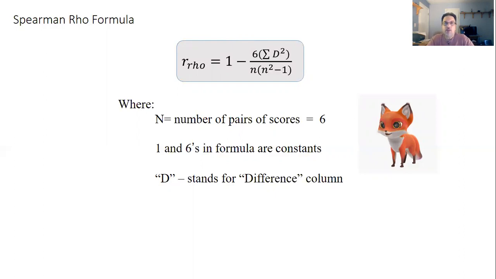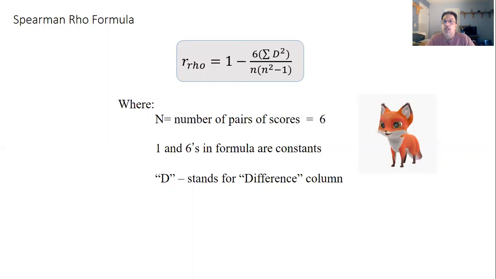Our data set sometimes might have 6 people in it, so there's going to be a number of 6s in here. This 6 is a constant in the formula. If we have 6 participants, if we have 20 participants, if we have 1,000,000 participants, this would still be 6. This is still 1. That is still 1. This is the formula. The 6 and the 1s are constants. They're always going to be 6 and 1s no matter what else is going on.